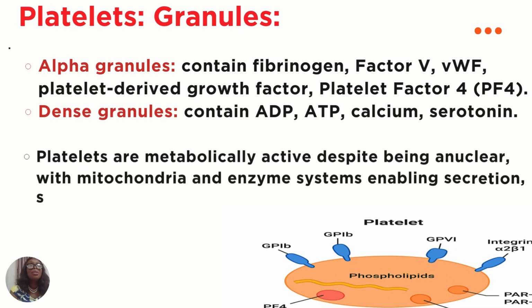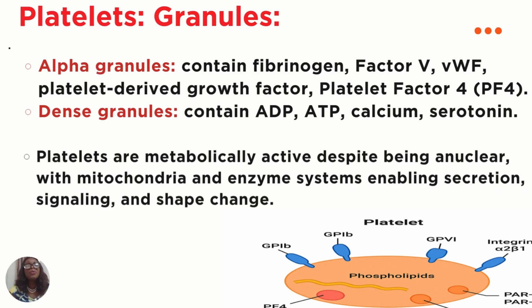The alpha granules contain fibrinogen, factor 5, von Willebrand factor, platelet-derived growth factor, and platelet factor 4, while dense granules contain adenosine diphosphate (ADP), adenosine triphosphate, calcium, and serotonin. Platelets are metabolically active despite being anuclear, with mitochondria and enzyme systems, enabling secretion, signaling, and shape change.